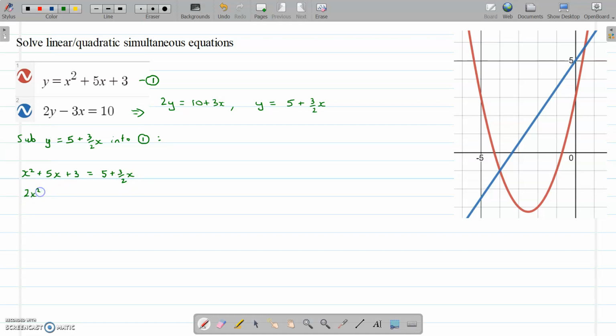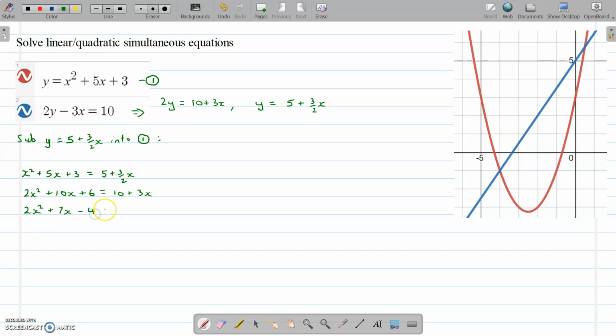So we've got 2x squared plus 10x plus 6 equaling 10 plus 3x. Now I take away the 10 and the 3x from the right, leaving 0, because we're going to solve a quadratic equation, so we need to make sure that the right hand side equals 0.